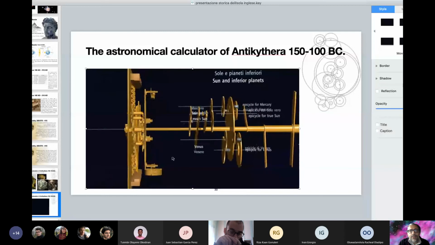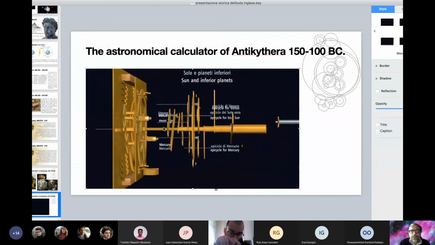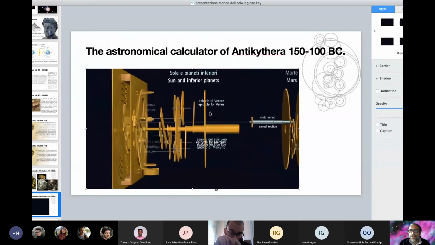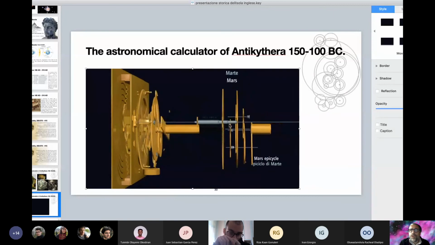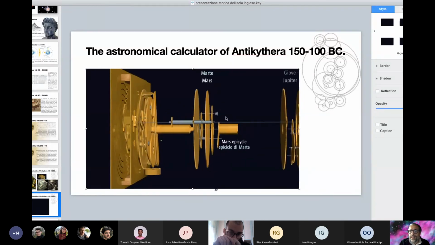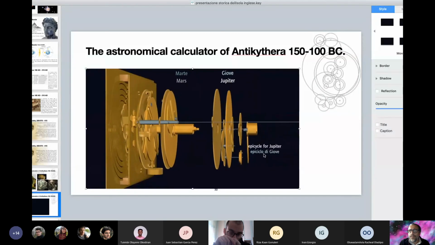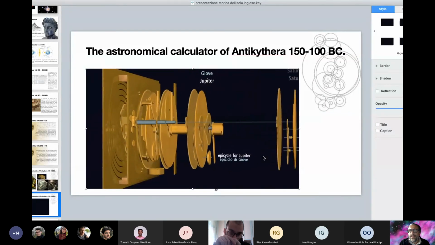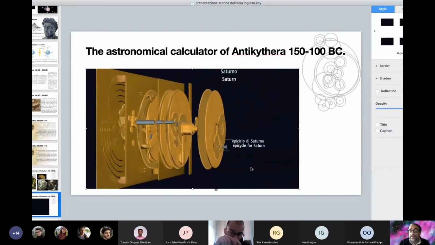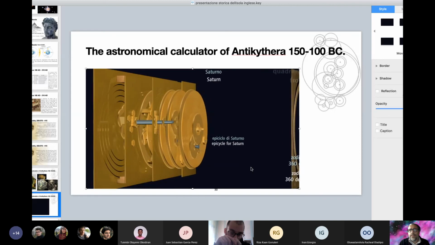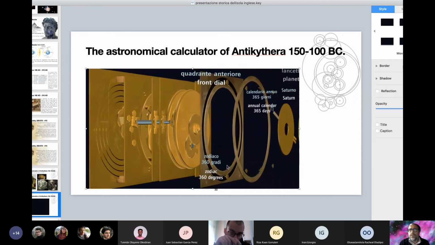Then you have the way in which this system was mounted. And you have the Venus and Mercury epicycles. Then you have the wheel of annual motion. Then you have Mars with its epicycle, Jupiter, and Saturn. And then the zodiac with azimuth.